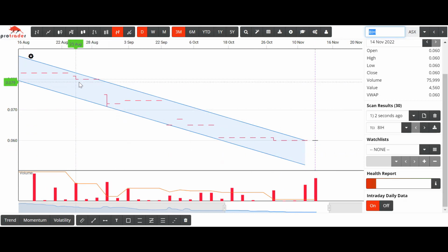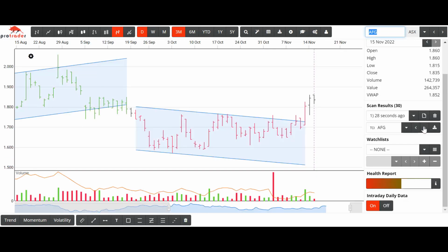Now, even on this piece here, been going down for some time, but this sideways movement is enough to have given us the first black tick. That might be indicating a trend change on 8IH. Let's try and find something a bit better. Okay, AFG.